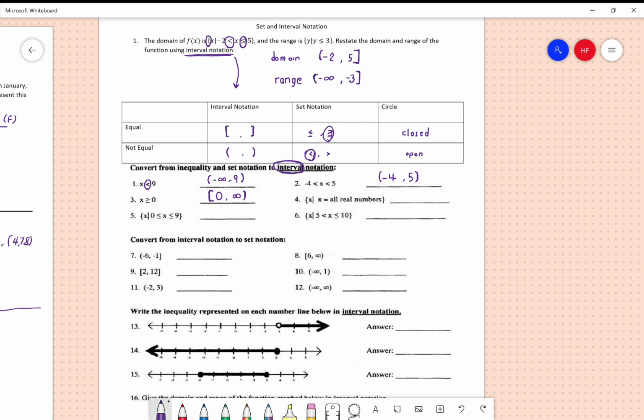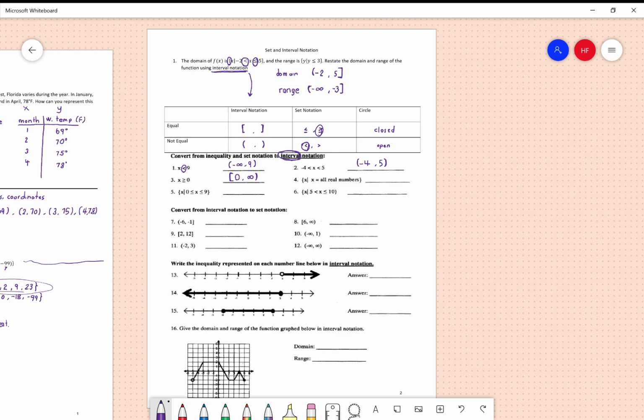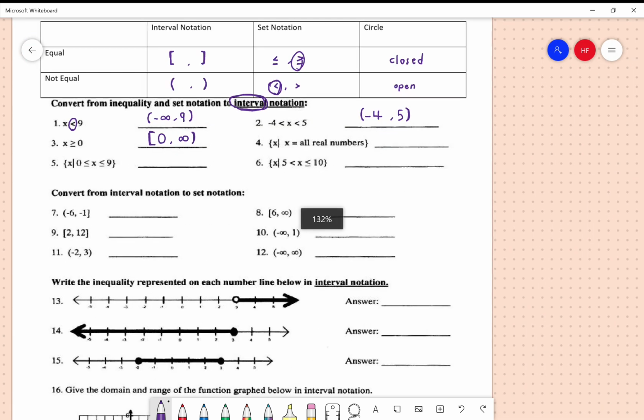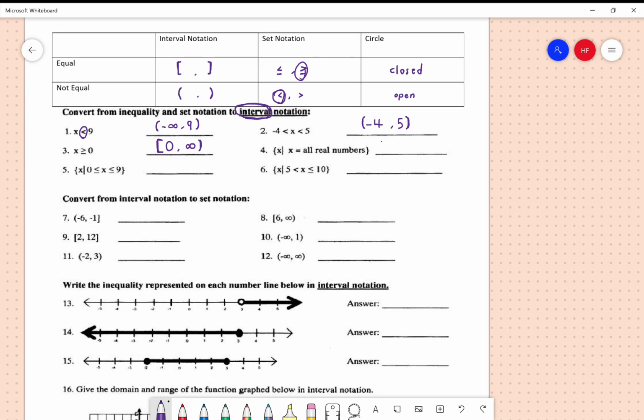Number 4, x is the set of all real numbers. Every single number, so we're going to write that as -infinity to infinity. Number 5, we've got x is in that set where x is between 0 and 9, and both of them are underlined, so both of them will be brackets.